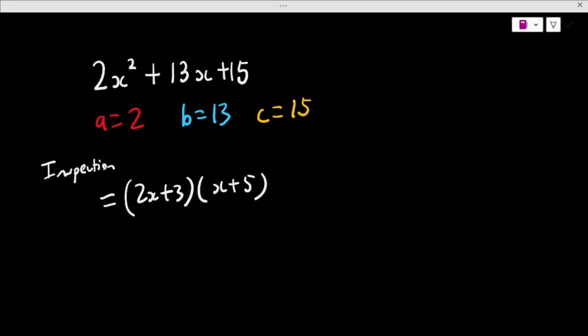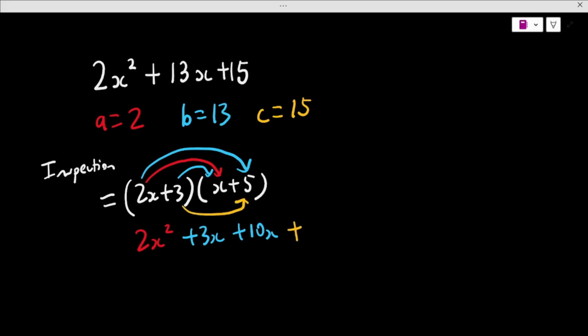You're going to see that 2x and x would be multiplied together to give us 2x squared. 3 will be multiplied by x to give us 3x. 2x will be multiplied by 5 to give us 10x. And finally, 3 will be multiplied by 5 to give us 15.